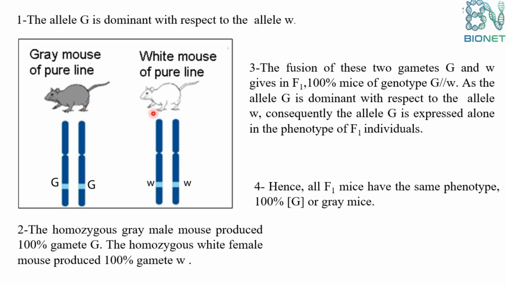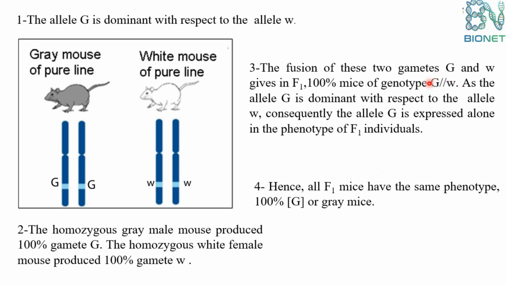The reproduction requires two processes: meiosis, leading to the formation of gametes. This parent will give gametes containing the allele G, and this parent will give gametes containing the allele w. After gametes formation, we have the process of fertilization by which the gamete carrying the allele G will fuse with the gamete carrying the allele w, leading to a zygote of genotype Gw.